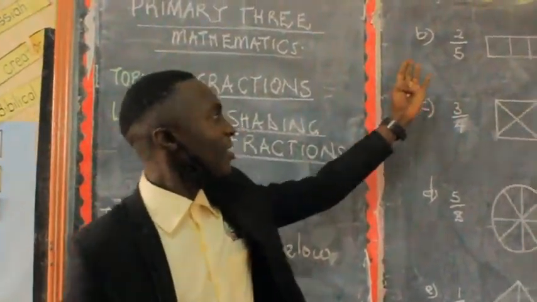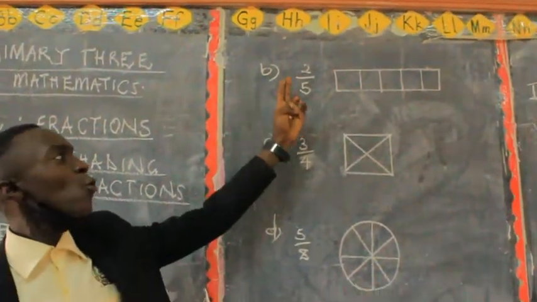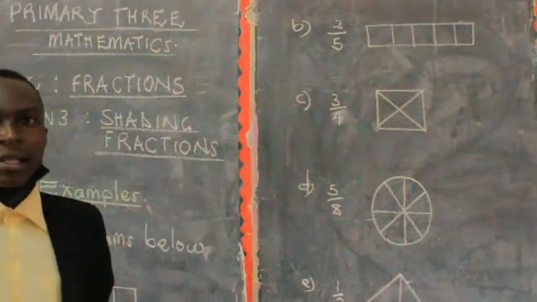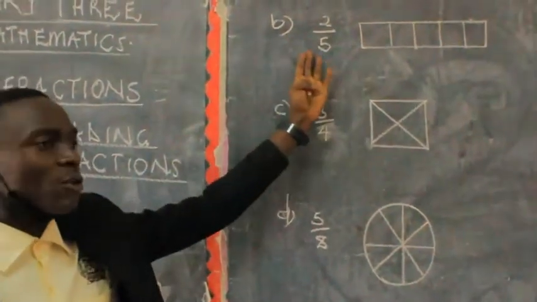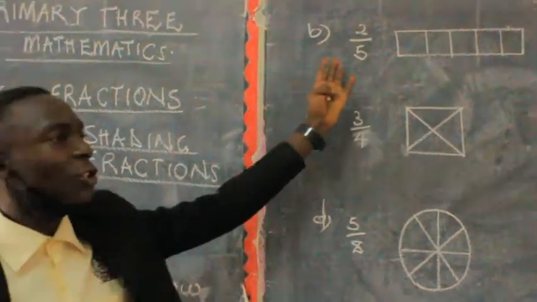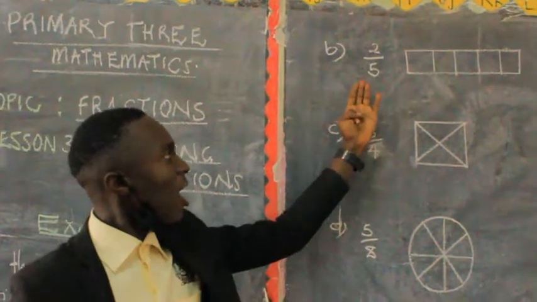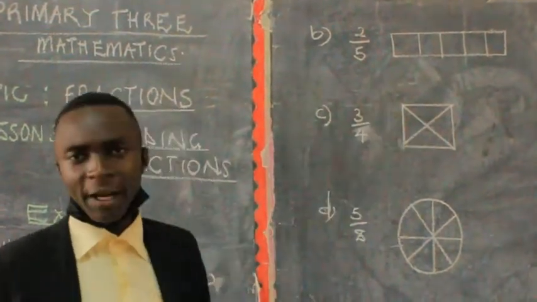Our part B is saying we are going to shade 2 out of 5, or you can read it as we are going to shade 2/5. So how do we shade 2 out of 5?